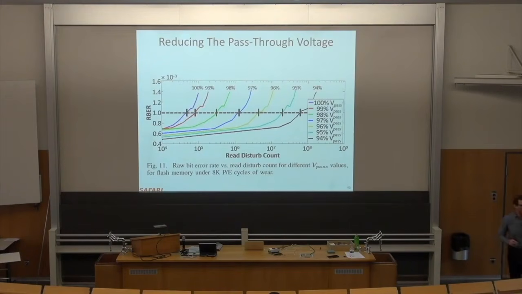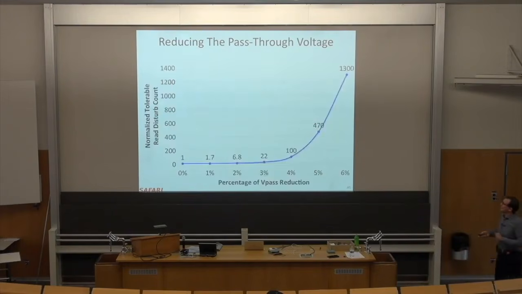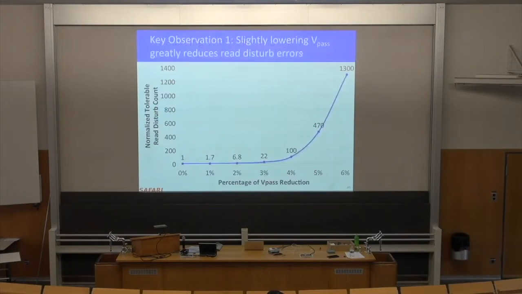That's not bad, right? It's actually much higher than today's RowHammer counts. Today, you can induce RowHammer in DRAM after 20,000 activates or so, depending on, of course, your DRAM. We don't want to be here, clearly, because this is not so good, but 10 to the 8 is not bad. Okay, so the first observation is that slightly lowering VPass greatly reduces read disturb errors.